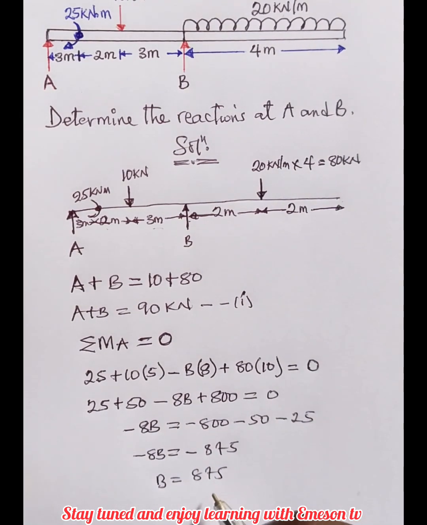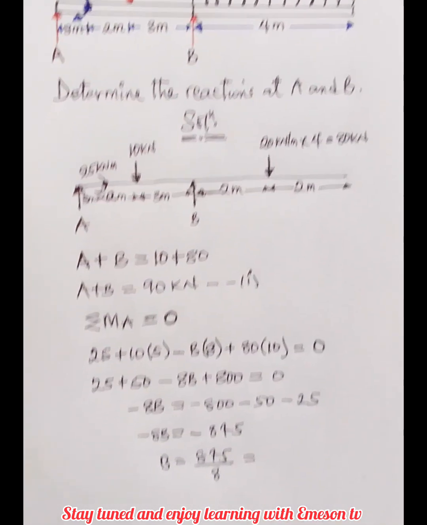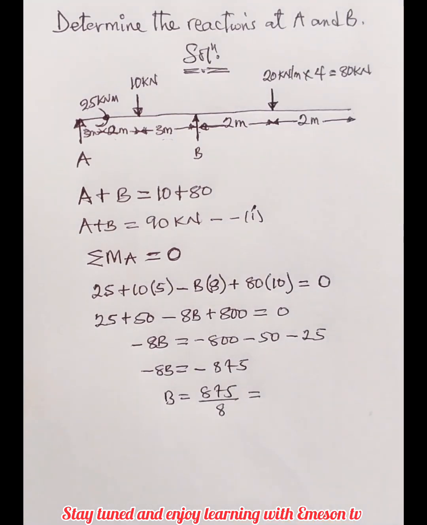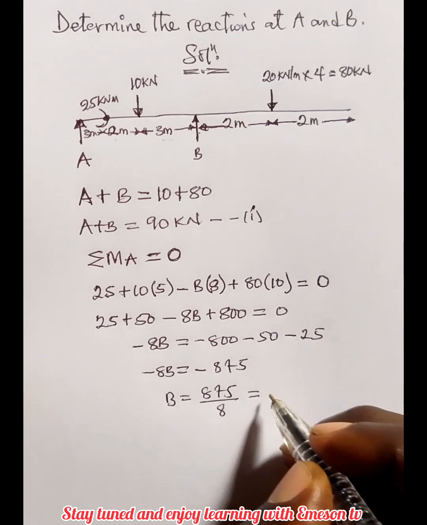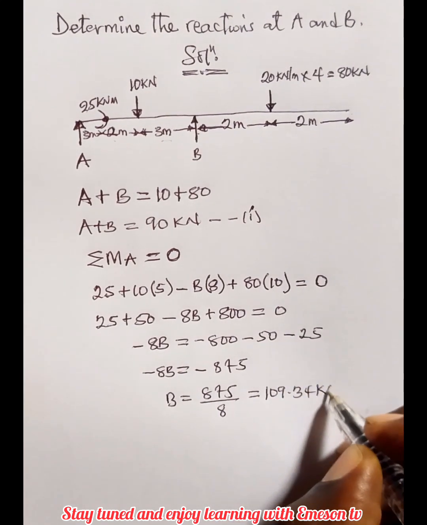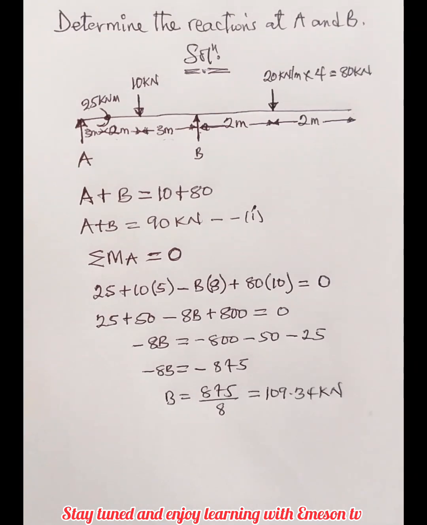B equals 875 over 8, this divided by this, which is 109.34 kilonewton. So I've gotten the value for B.